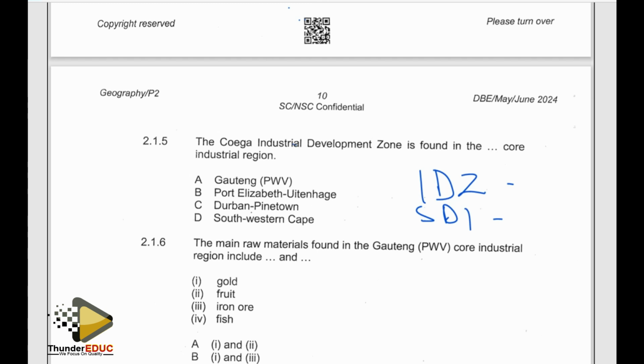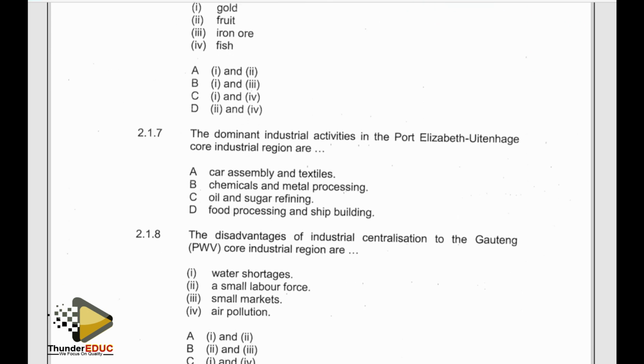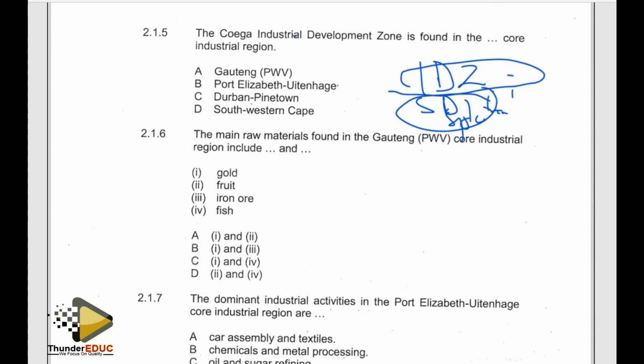The IDZ is what we call the Industrial Development Zone, and the SDI is the Spatial Development Initiatives. Those two are not the same. We're going to explain the differences between the IDZ and the SDI. I think there's another question which relates to a Spatial Development Initiative at the Wild Coast. That is going to be a section where we illustrate how those two tend to differ.